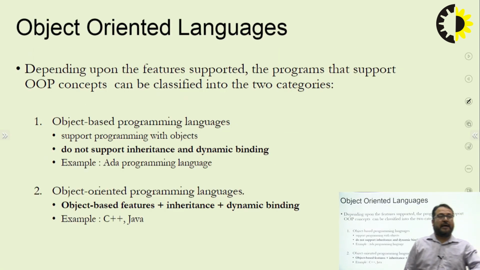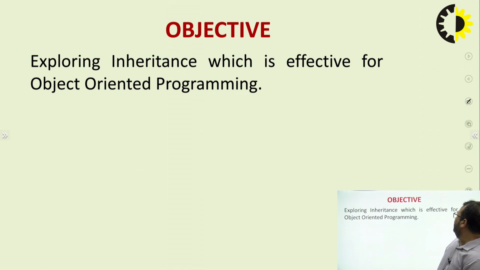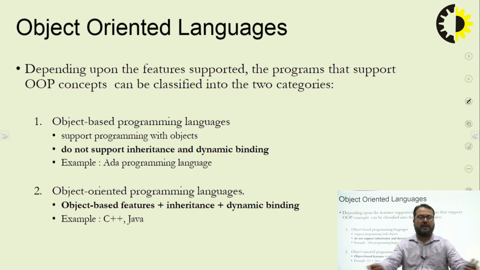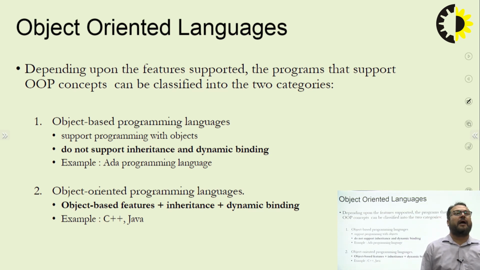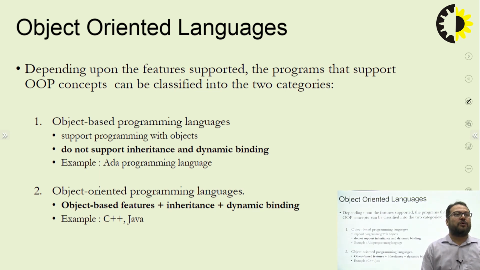So let's have some brief background. Languages of this kind are divided into two categories: object-based programming languages and object-oriented programming languages. Object-based programming languages don't support the concept of inheritance and dynamic binding, but object-oriented programming has two additional features, and those are inheritance and dynamic binding.